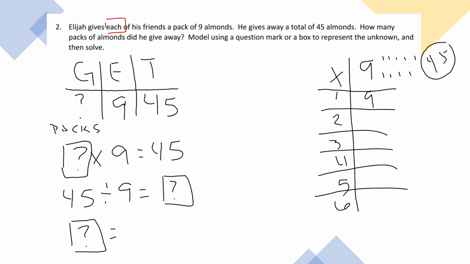One times 9 is 9. 2 times 9 is 18. 3 times 9 is 27. 4 times 9 is 36. 5 times 9 is 45. That's my goal. That means the number that's next to it is my answer. So my answer is 5.